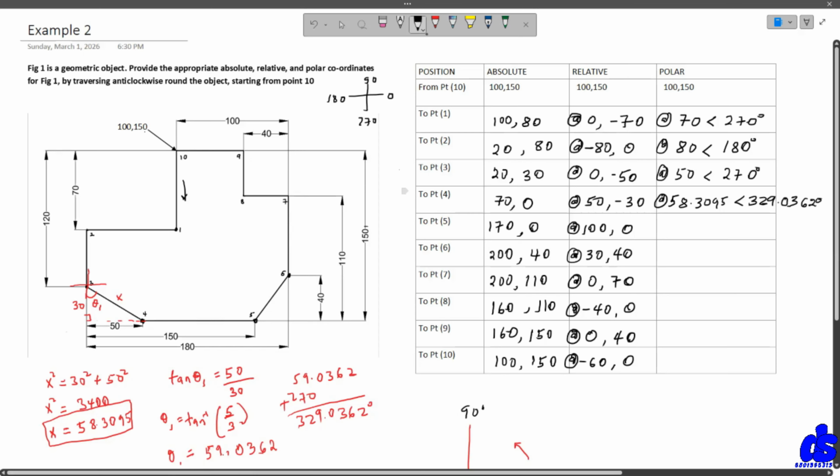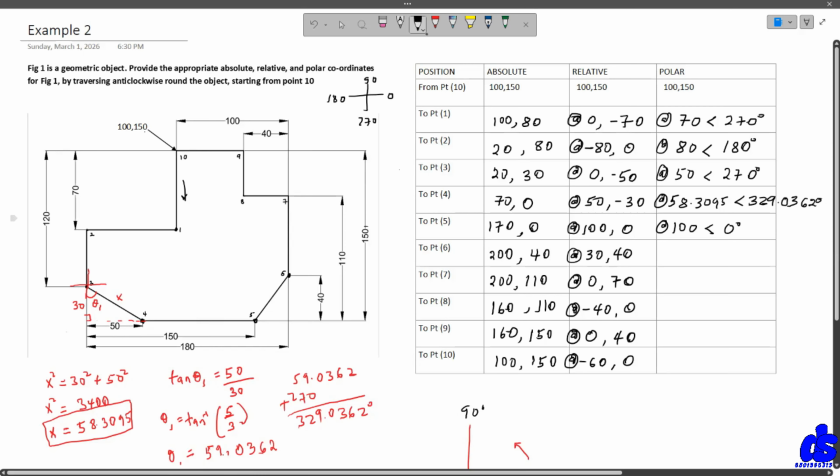So that's it for point 4. Let's move on. For point 5, we are moving a distance of 150 minus 50, that's 100. So at 100, and the angle in this case is 0 degrees.